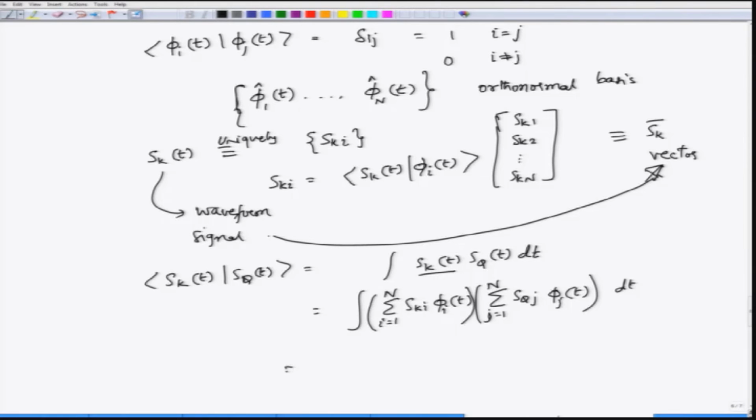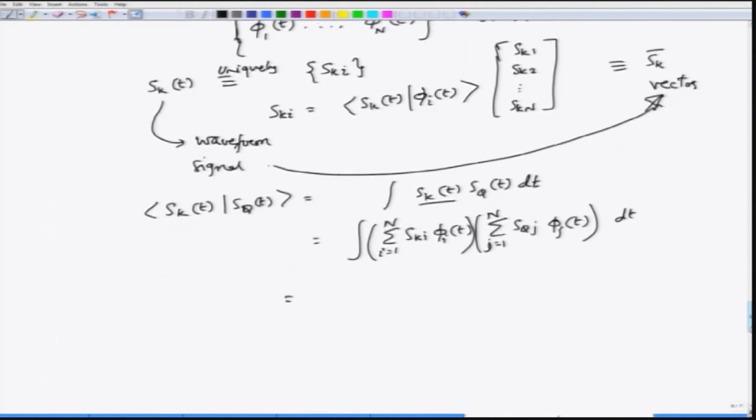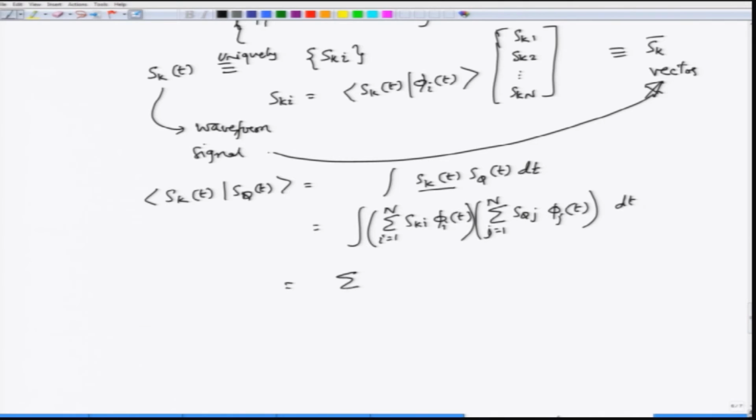Now, I can interchange the order of summation and integration. So, I can write this as a double sum over i and j of Ski Sqj, and I have the integral of phi i of t, phi j of t dt.